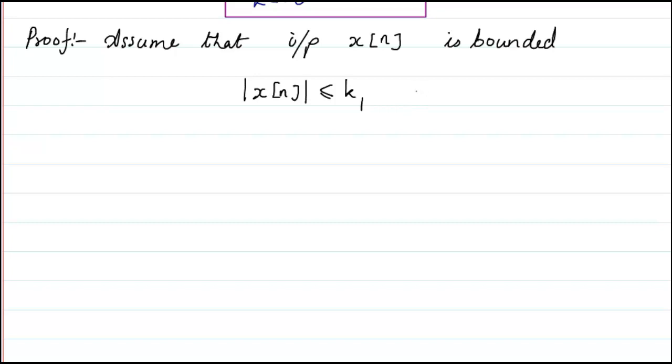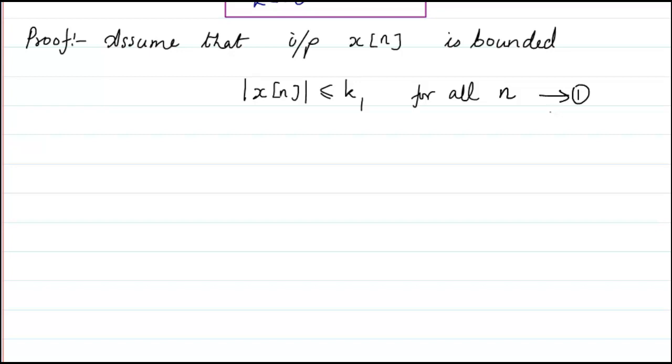So less than or equal to k1 for all values of n. This is the first equation that we will think of. That means we are assuming that the input is bounded, then only we can say bounded input, bounded output, isn't it?